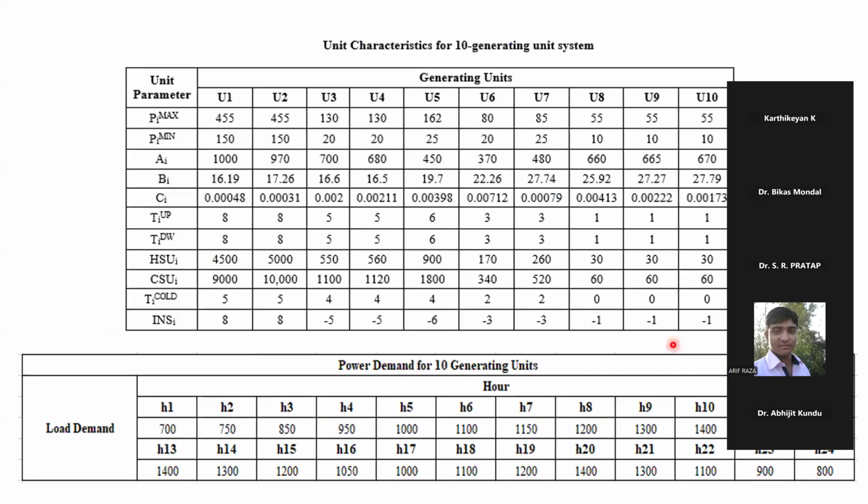Those are the unit characteristics for the 10 generating units, and the power demand for them. The 10 generating unit data, the IEEE bus system, is available in any research literature review. But from there, we have to calculate for the 40 and 100 generating units. There are also several other research works.